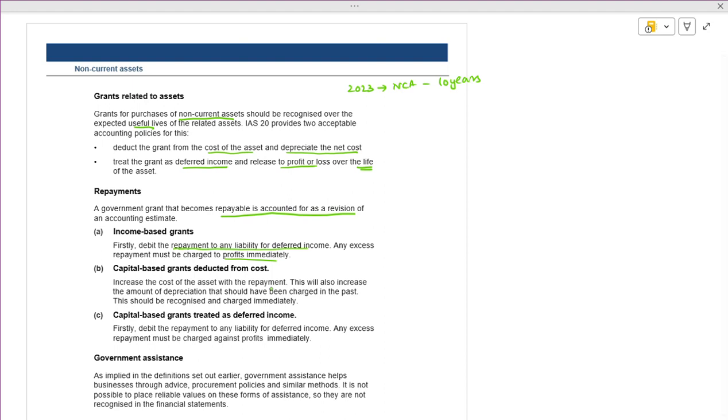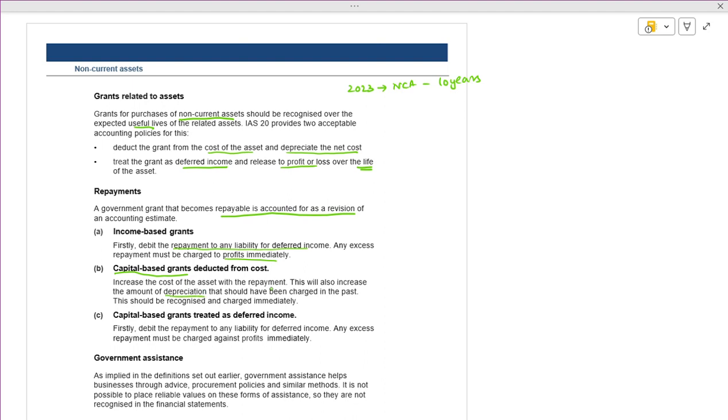When it is related to income-based grants, what is the repayment? For capital-based grants deducted from the cost, increase the cost of the asset with the repayment. Definitely, if we are repaying, the cost of the asset will increase. When we receive the grant, the cost of the asset will decrease. When you are repaying the grant, the cost of the asset will increase, and this will also increase the amount of depreciation.